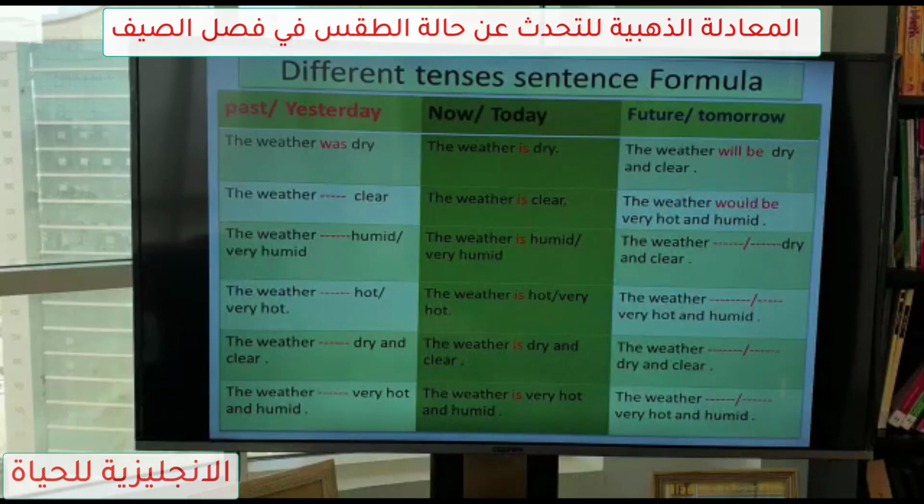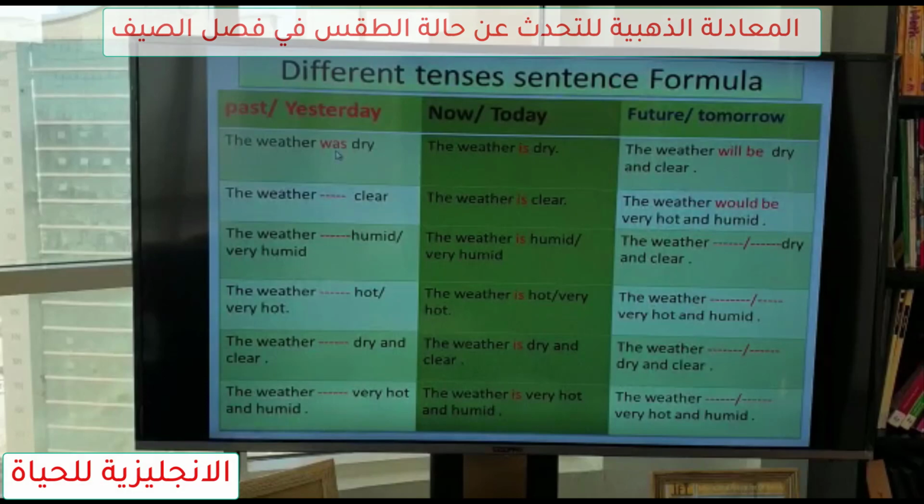You will see that the same sentence is repeated to the left or to the right according to the tense I choose. To the left, I choose yesterday or past. If you read the first sentence, the weather is dry. In the past, the only thing I did was choose "was" in the past: the weather was dry.